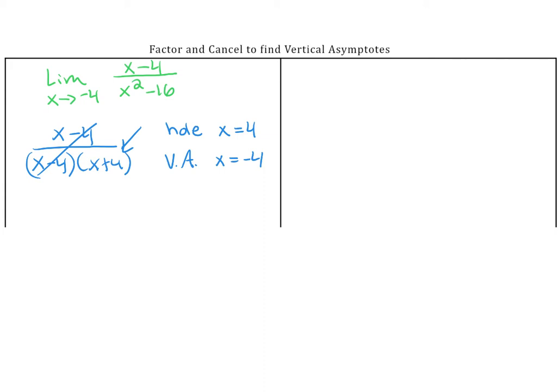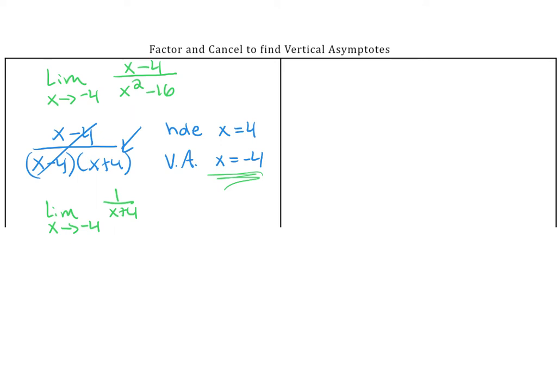So now let's look at the limit as x approaches negative 4 of what is left, so 1 over x plus 4. There's a vertical asymptote at negative 4, and there are two options here.